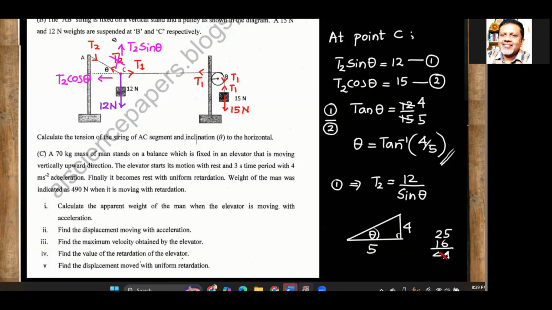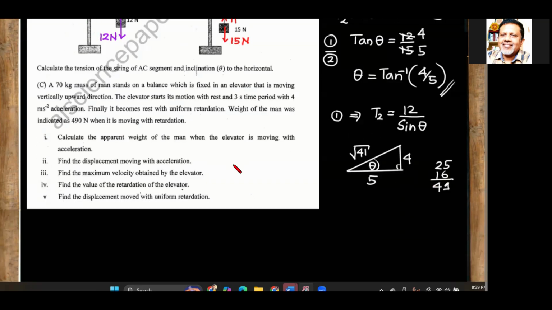It is 41, right? This should be square root of 41. Then we can calculate the tension T2 as 12 divided by sine theta. Sine theta means 4 divided by square root 41. Then square root 41 comes out.